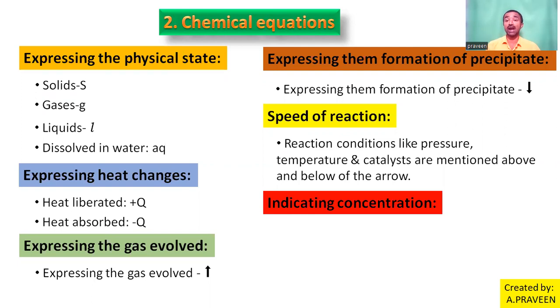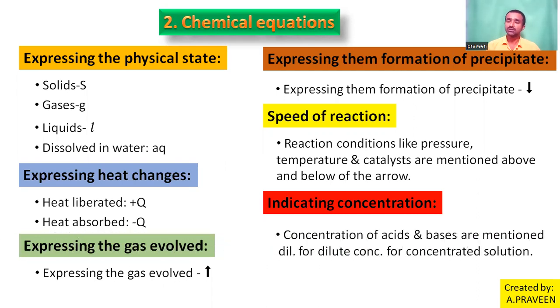If it is mixed with water, the combination of acid with water is dilution, so we can write DIL beside that reactant. Concentration of acids or bases is mentioned as dilute or concentrated. So we can add this information into the equations.